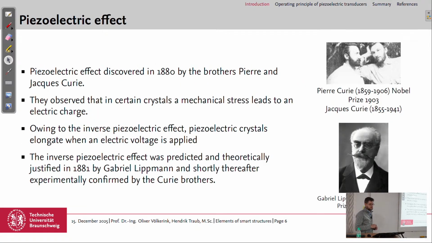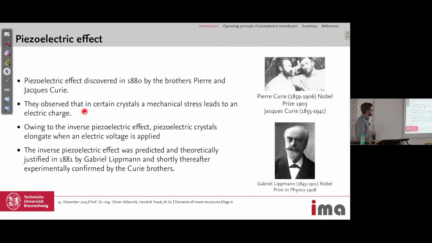So the piezoelectric effect was discovered in 1880 by the brothers Pierre and Jacques Curie. They observed that in certain crystals, a mechanical stress leads to an electric charge, which is the direct piezoelectric effect. And owing to the inverse piezoelectric effect, piezoelectric crystals elongate when an electric voltage is applied.